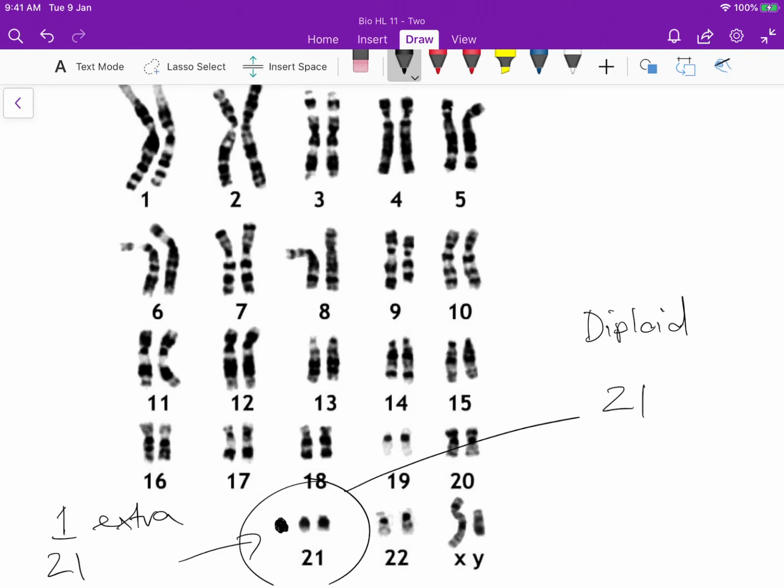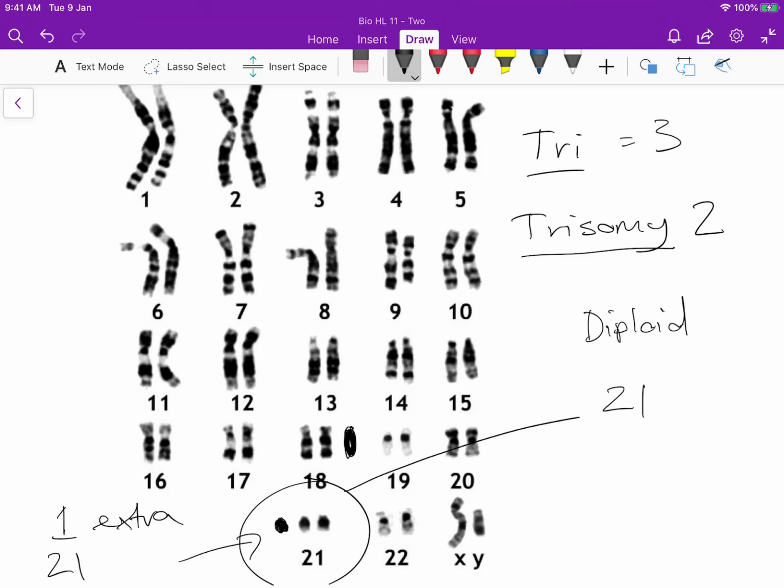So Down syndrome, it's called a trisomy because they've got 3 chromosomes. And there are different trisomies that can happen. You can have 3 of chromosome number 18, for instance, which is a different disease. But trisomy means 3 copies.